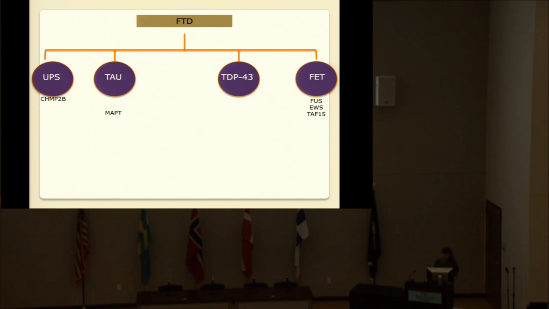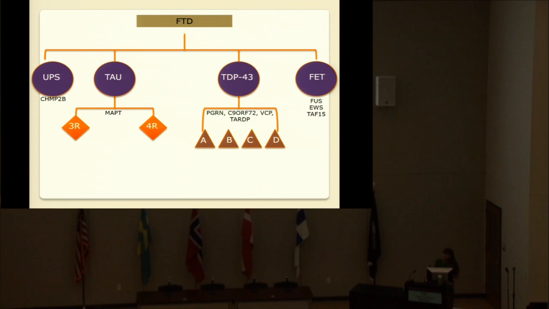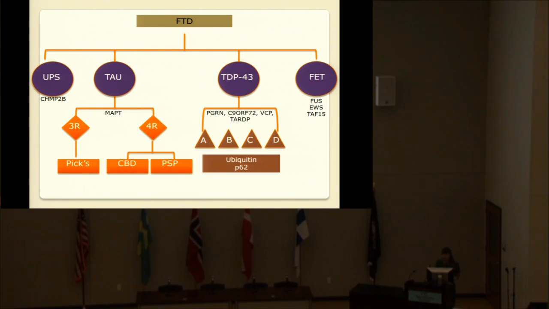But then within each of those pathologic categories, there are sub-pathologic categories as well. And we used to believe that those categories then define the disease, but we know that that's not true anymore either, because a patient with Pick's disease, which is a behavioral variant form of FTD, might actually have, and very often does actually have, TDP-43 and not tau, dysfunctional in their brain. So this is also likely incorrect.